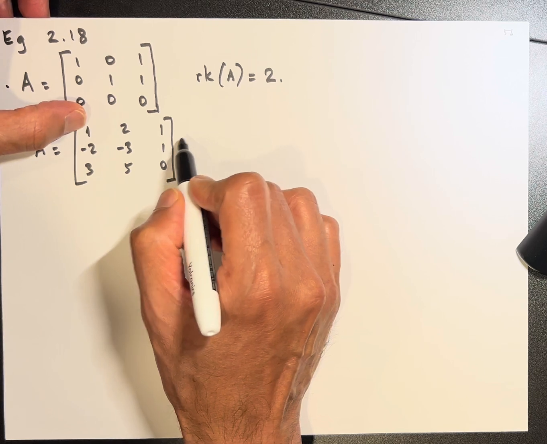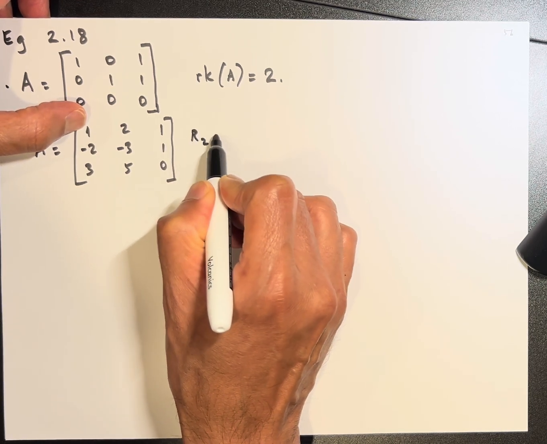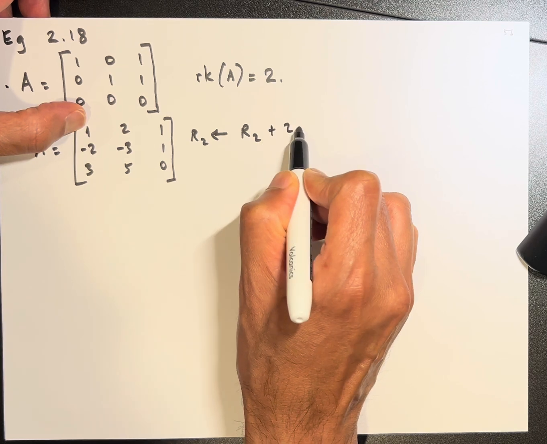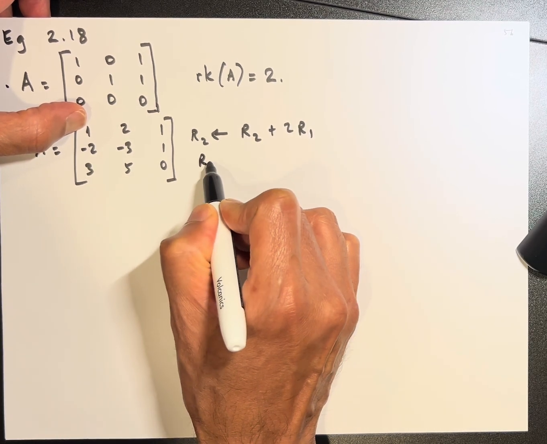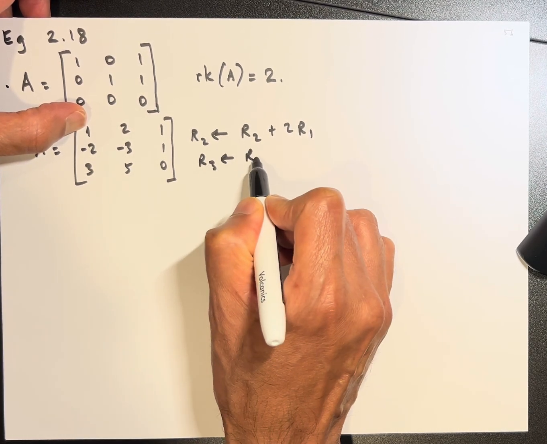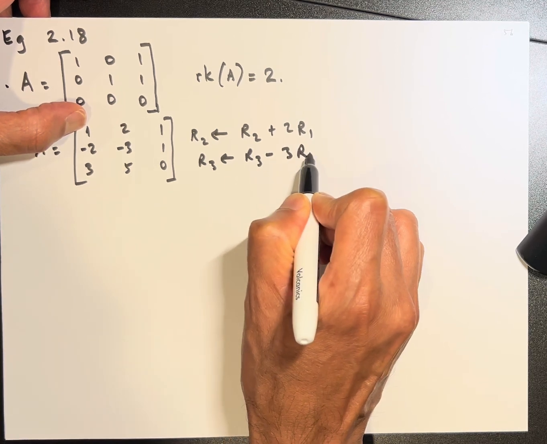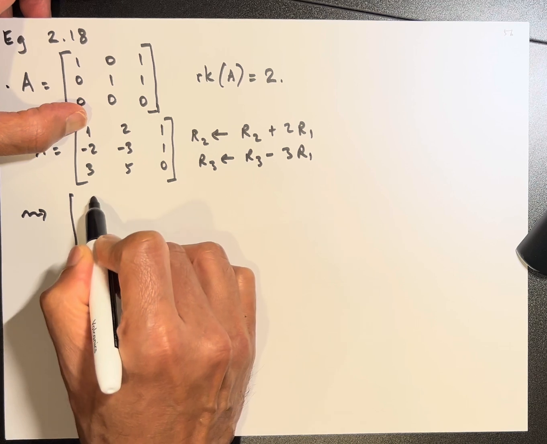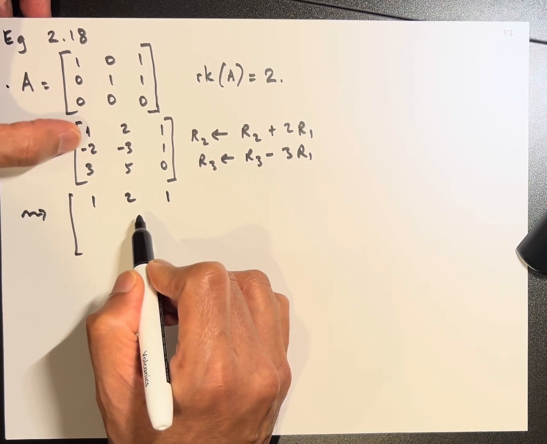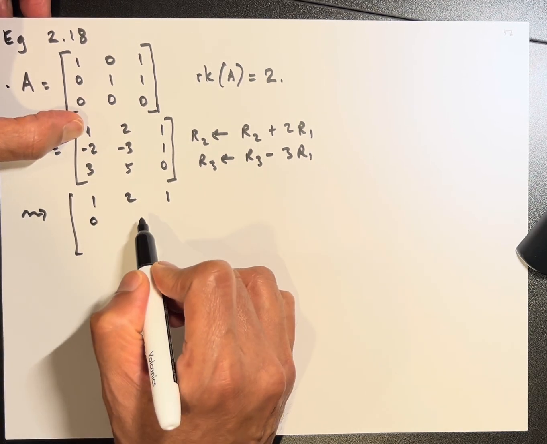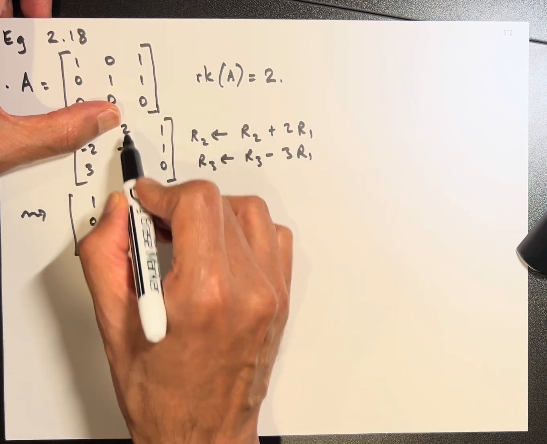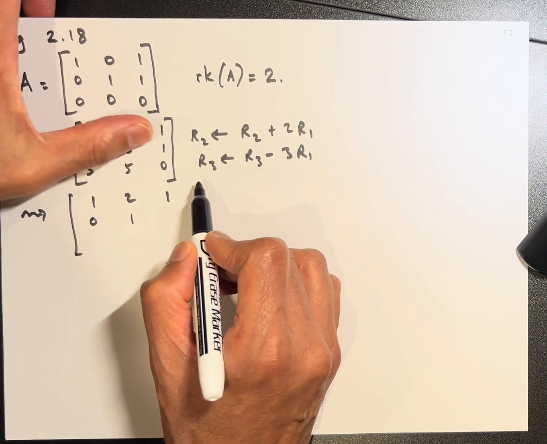So the first row you have 1, so this guy is R2, so we'll write R2 plus 2 times R1. R3 is going to be R3 minus 3 times R1, right? So then this becomes 1, 2, 1. This is going to be 0. So this is going to be 2 times this, so 4. So this will be 1.